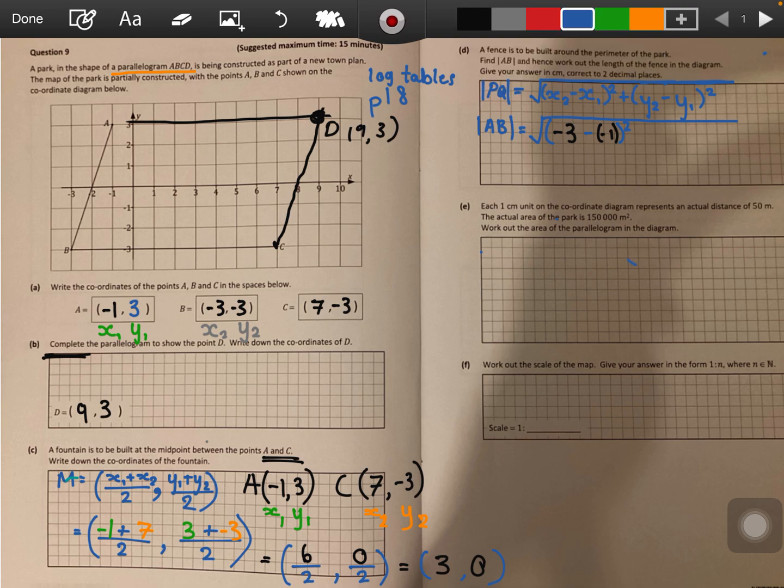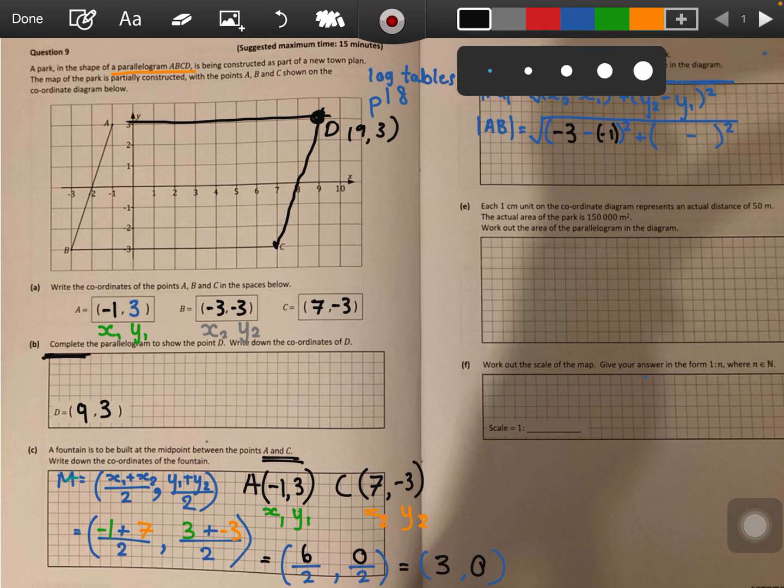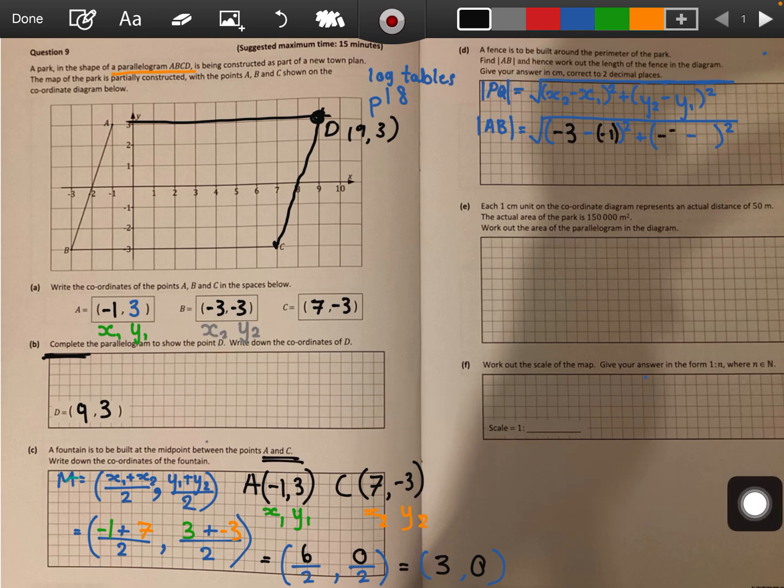So if it is getting confusing with things, you can use different colours, especially when you're doing your own revision. Then likewise here, I'm going to have y2 minus y1, so a -3 minus a 3 to be squared.